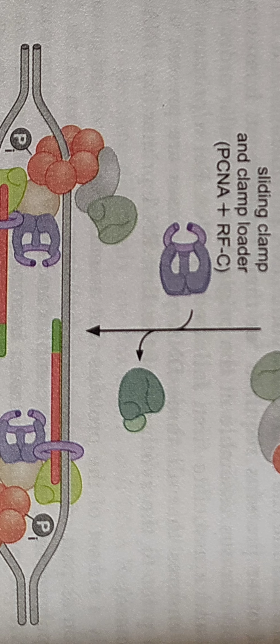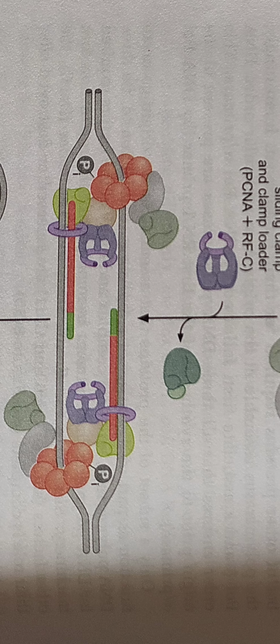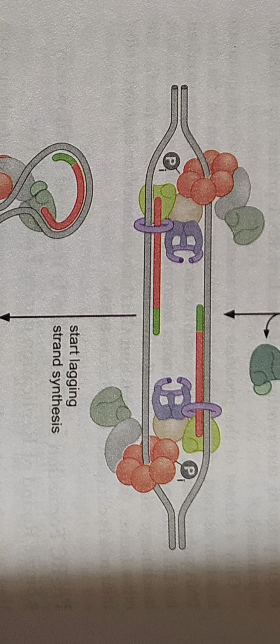As the elongation process proceeds, most of the proteins get dissociated. Now the Pol alpha primase complex function is over, but its function is not over in the lagging strand, because this complex will be required repeatedly there. That's the reason Okazaki fragments occur in the lagging strand, where discontinuous DNA synthesis occurs.